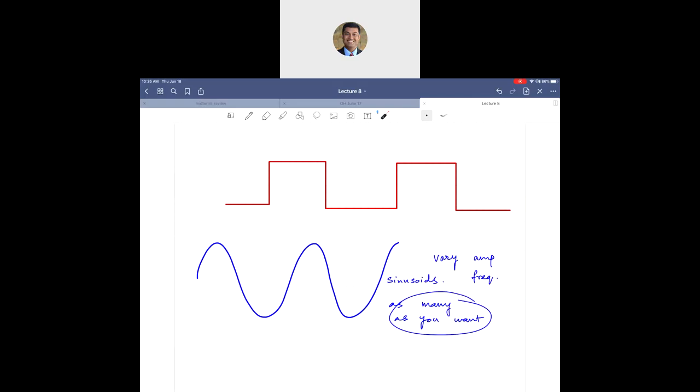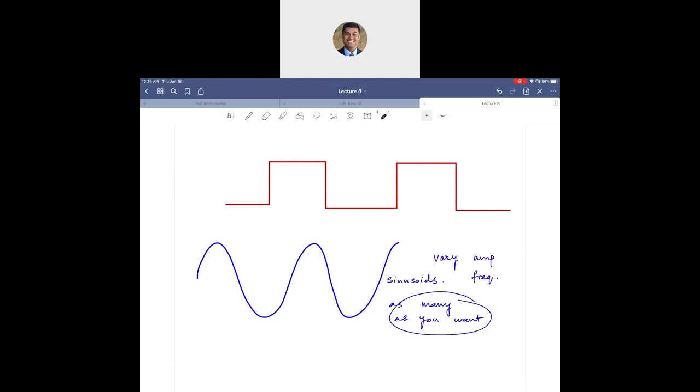So think about taking all these bunch of sinusoids that do not have any sort of a flat nature to them. Take a bunch of them, change their amplitude, change their frequency, add them up, try to get a square wave output by adding up all those sinusoids. Think about that. So one of the things that I was intrigued about when I learned Fourier series the first time was this.